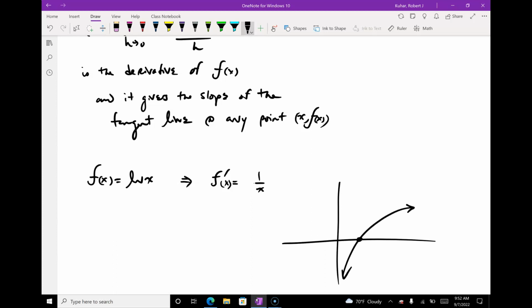We were interested in the point 1, 0. Can anybody tell me now the slope of that tangent line? One over what? 1 over 1, right? Because the x value I'm interested in is 1. Exactly.